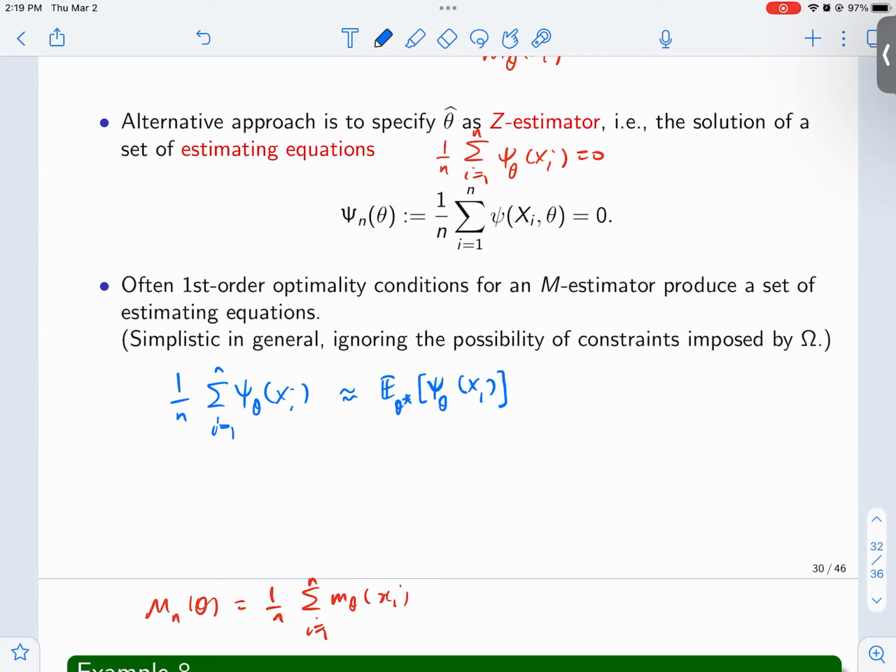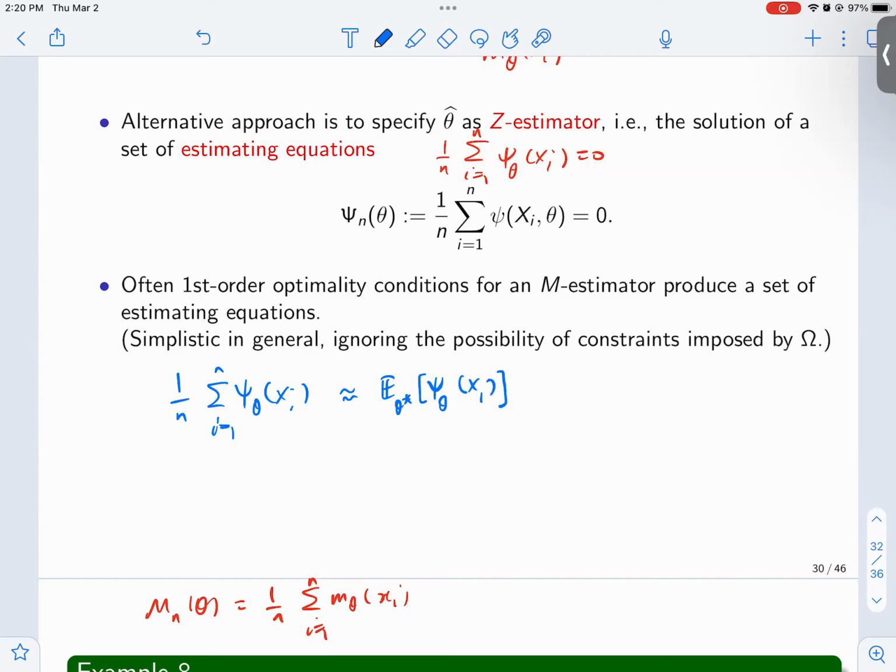Why exactly 0? That's a good question. So let's say this is C, would that work? I can move the C into the psi, right?